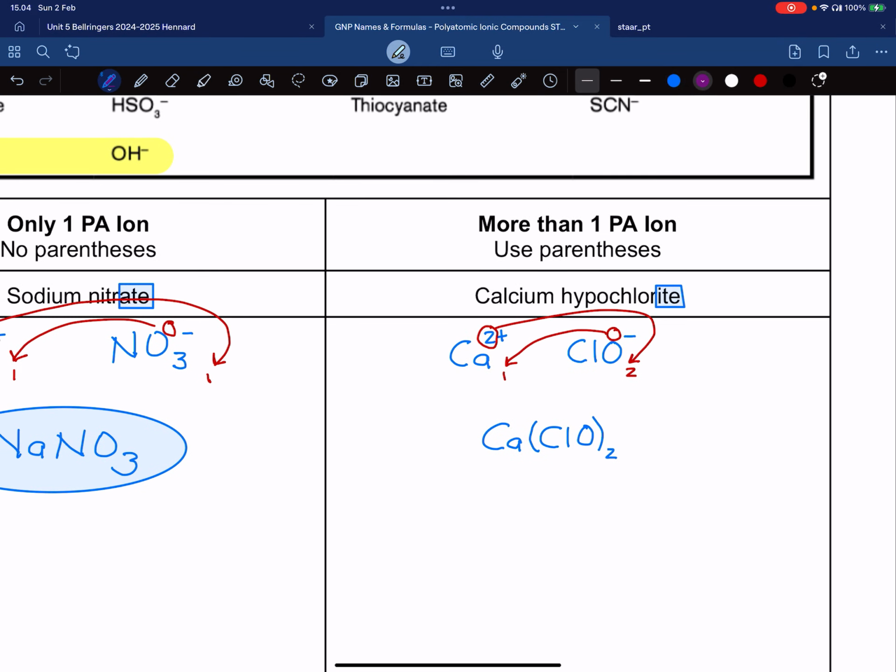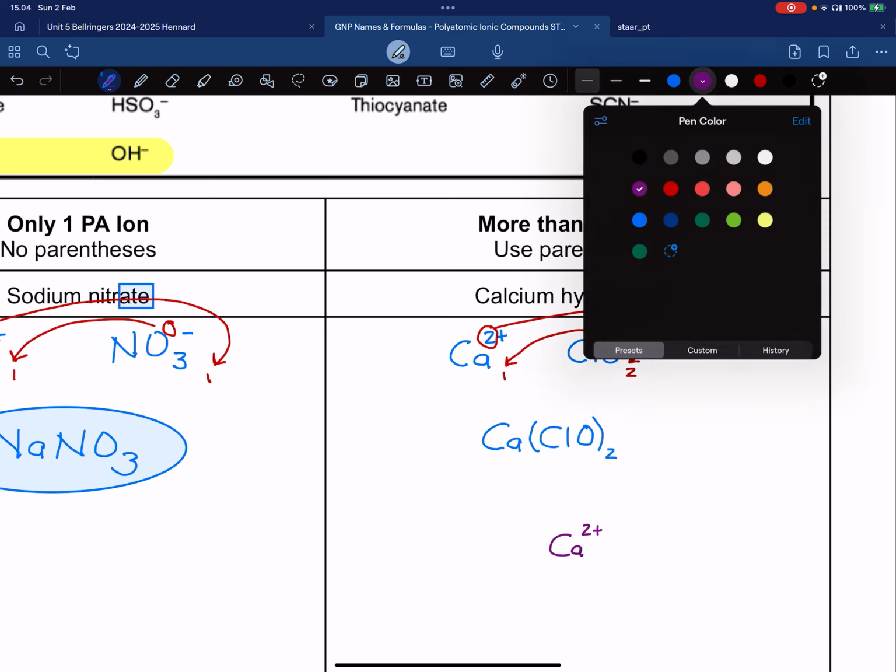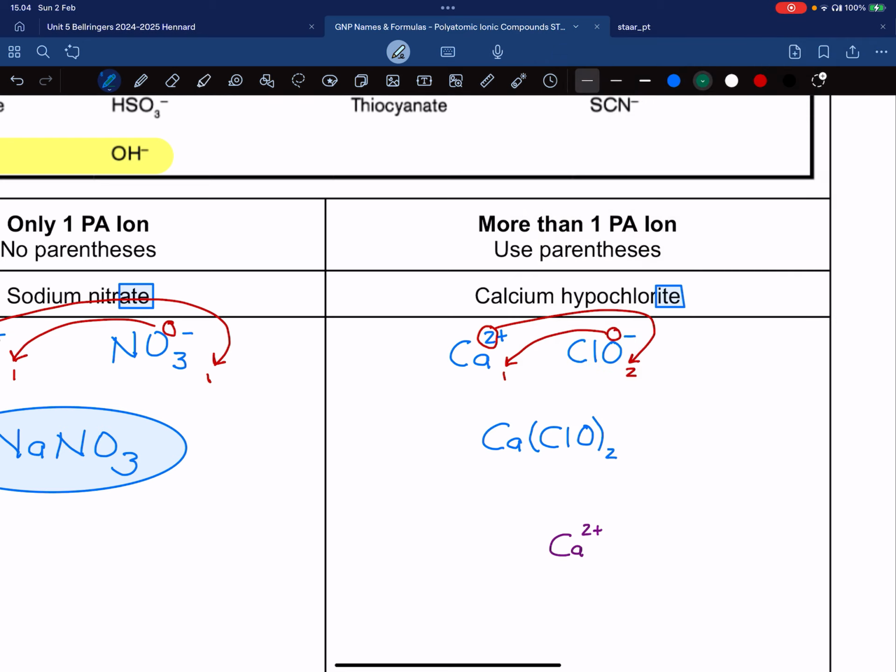And the reason for that is your calcium is a 2+ charge, right? Then your ClO, your hypochlorite, this one has a -1 charge, and this one has a -1 charge, and so -1 plus 2 minus 1 is going to add to 0, right?